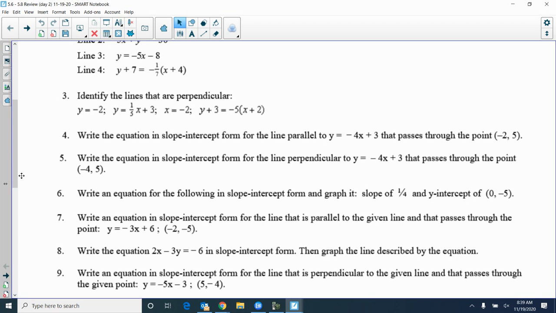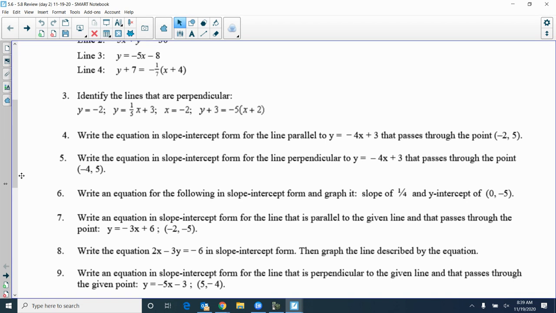So what I want to do on number 4 is use that point, but I'm still going to solve for b. So I would have y is 5 equals, it's going to be a line that's parallel, so I'm still going to use my -4 slope. So it's -4 times the x value, which is -2, plus b.